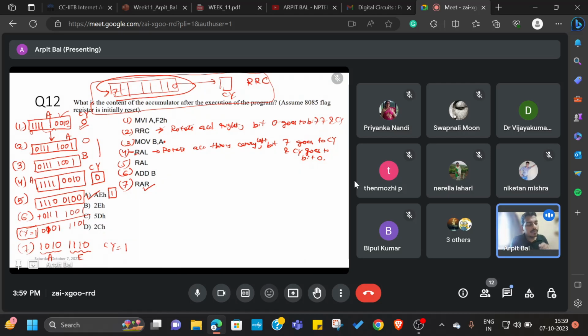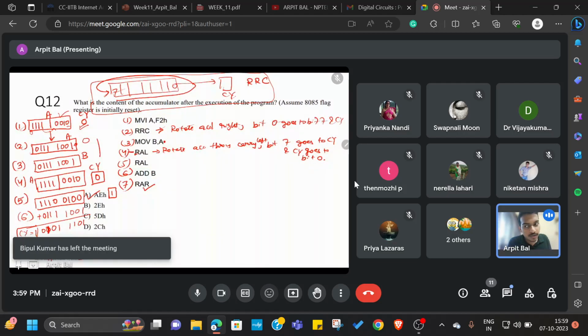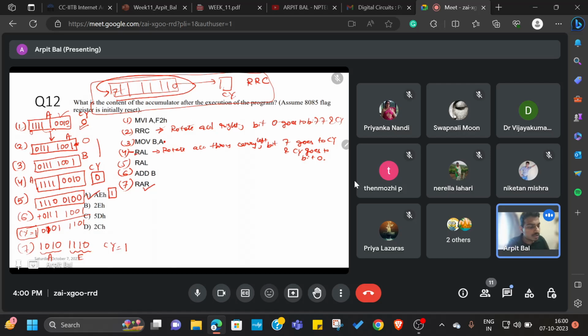It means carry will be involved and the accumulator has to be left shifted. Because we know the carry is 0, I append a 0 here, that is the carry value, and shift every other bit to the left by 1 bit. So this is what we have done in step number 4.